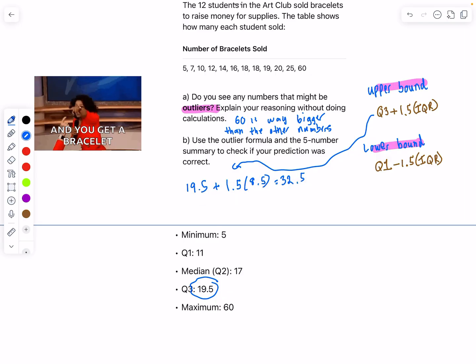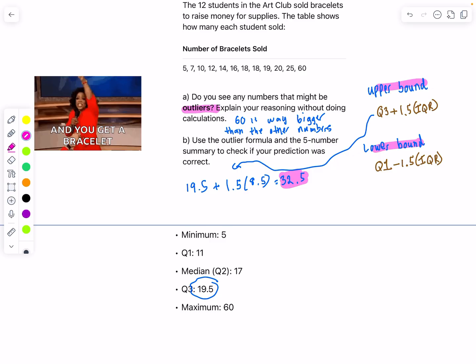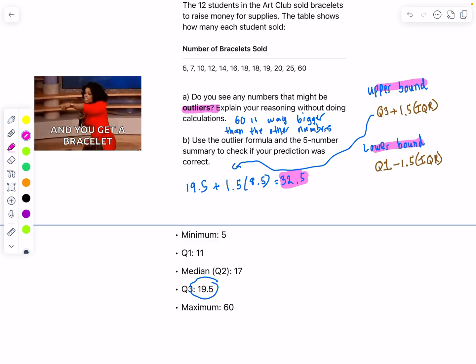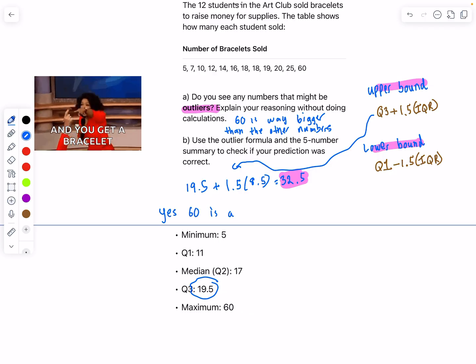All right, so we have this number. What does this number tell us? What does it mean? So 32.5 is that upper limit. Anything bigger than 32.5 is an outlier. So was our prediction correct? Yes. So you would just write, yes, 60 is an outlier.